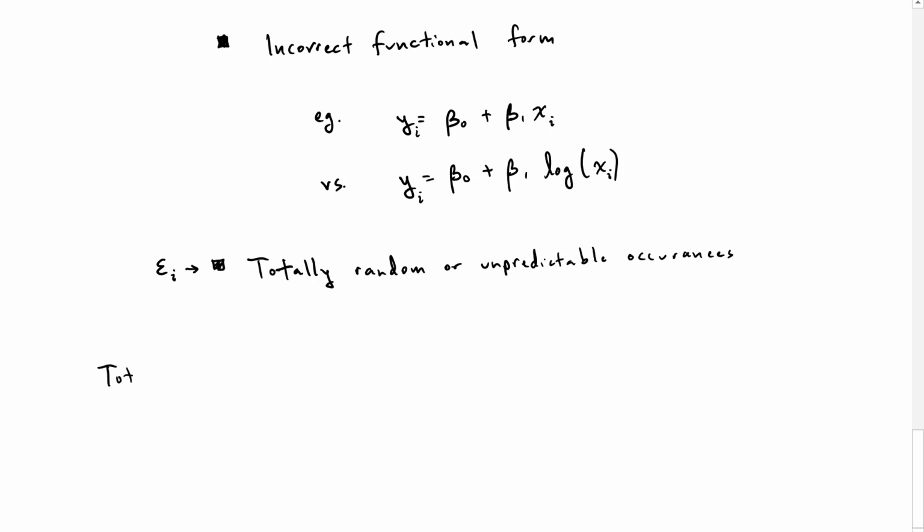So to account for unexplained variation, which we can call the error, in our models we use a stochastic error term.